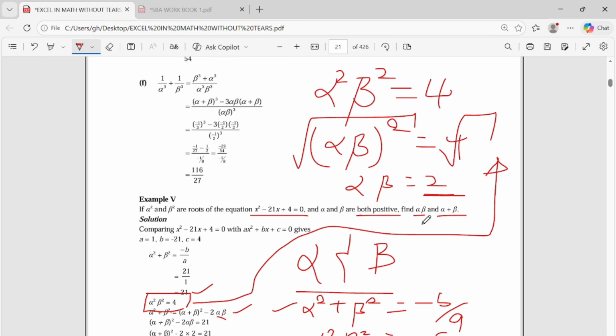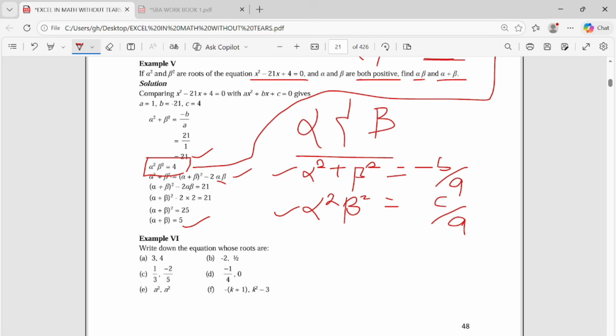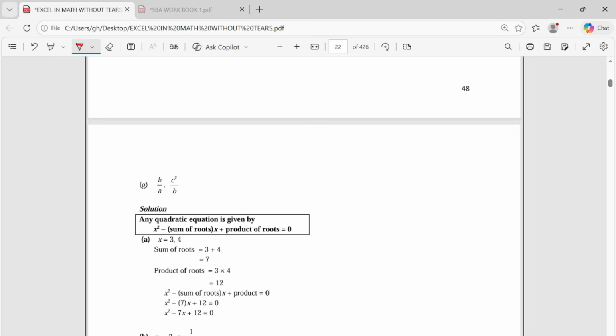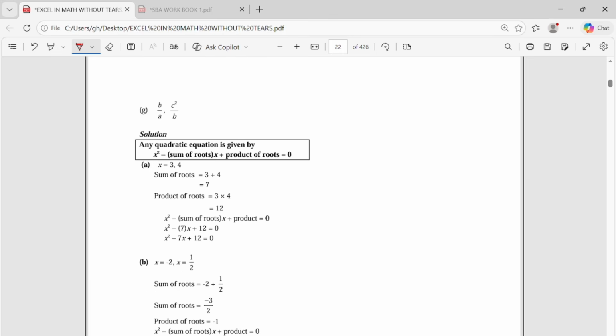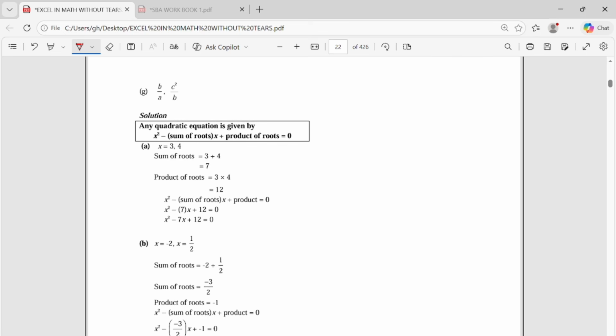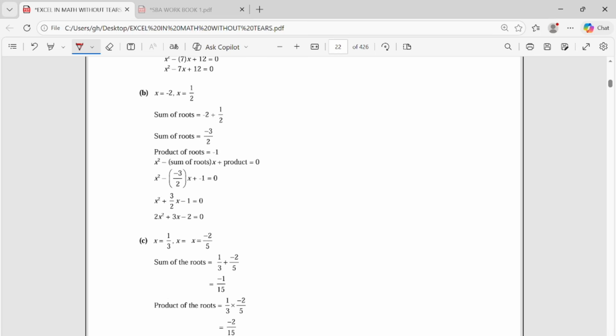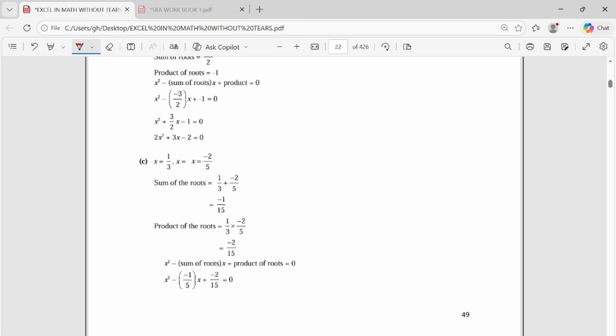So I think at this rate, we've exhausted the sum and product of roots of a quadratic equation. Maybe we are left with only this other part, and this will mark the end of our lesson.